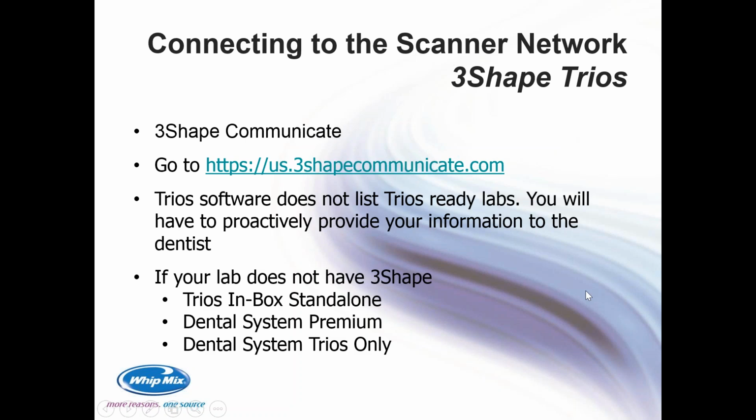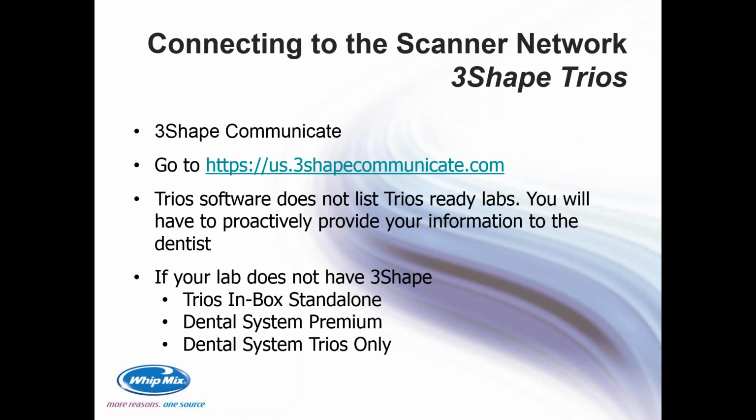And then with ThreeShape, the Trios, as I said, you have ThreeShape Communicate. If you're a lab that has the ThreeShape scanner with the dental system software, there are some steps you need to take to make sure you're getting the files of the digital impressions. So you'll go to ThreeShapeCommunicate.com, and this is where you register your lab.